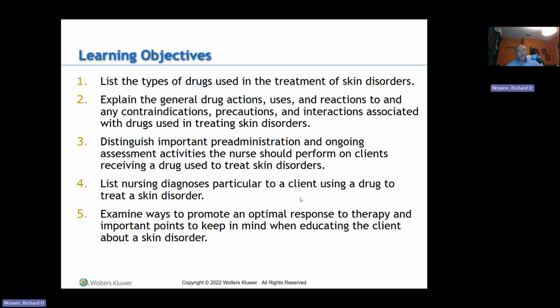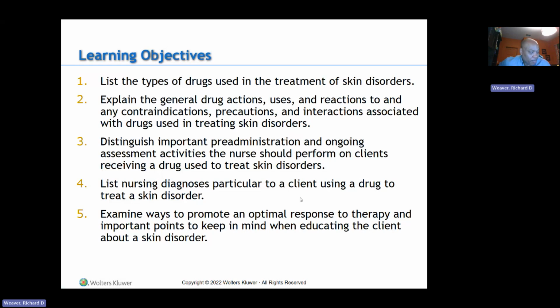And then, because I'll have more time to do so, we can go through objectives 3, 4, and 5: distinguish important pre-admission and ongoing assessment activities the nurse should perform on clients receiving a drug used to treat skin disorders. So I'll go over all that.